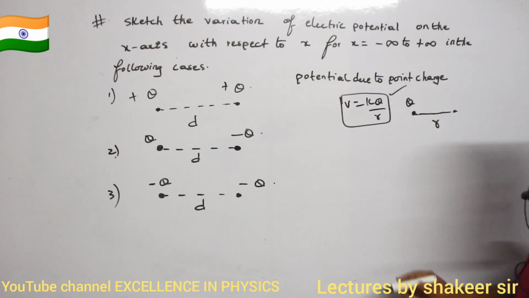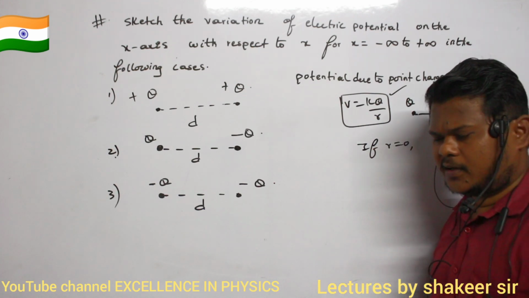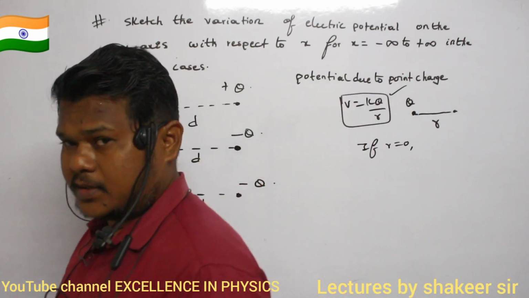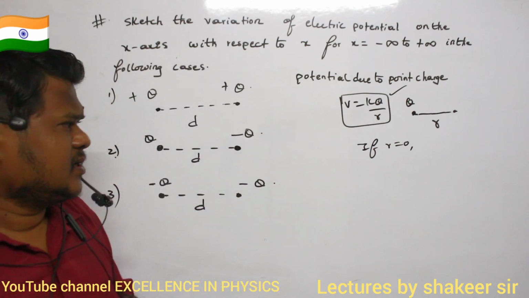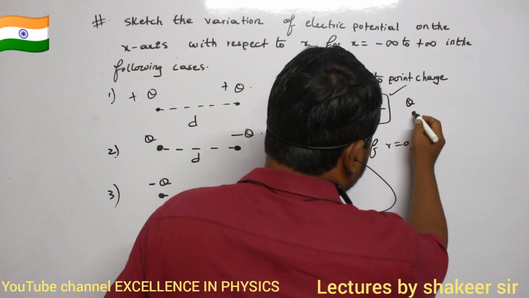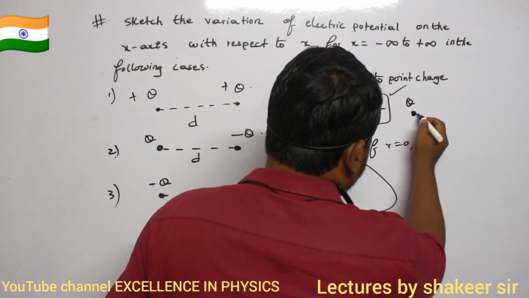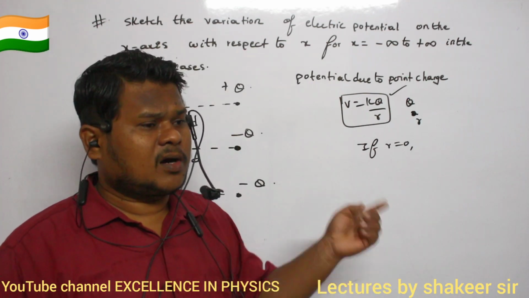If I take the R value as 0, what is meant by that? R equal to 0 means the distance is 0, so the point P is present exactly on the charge.